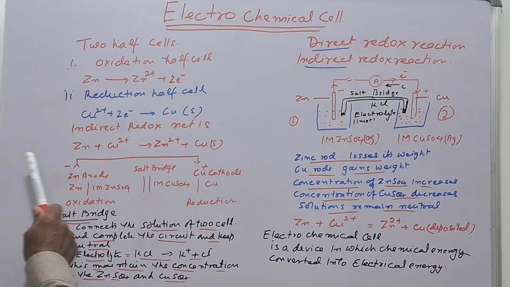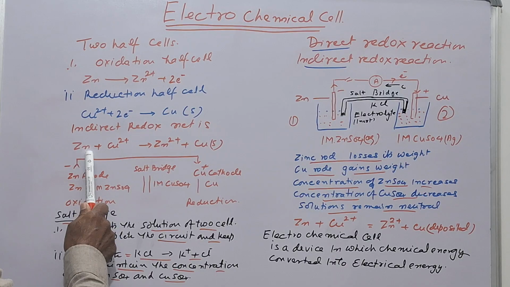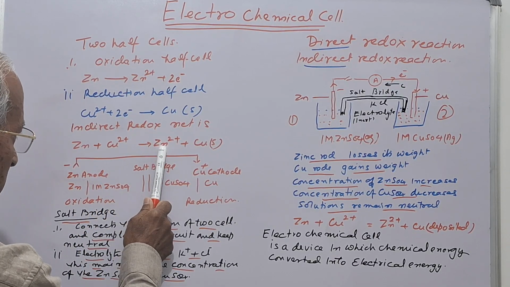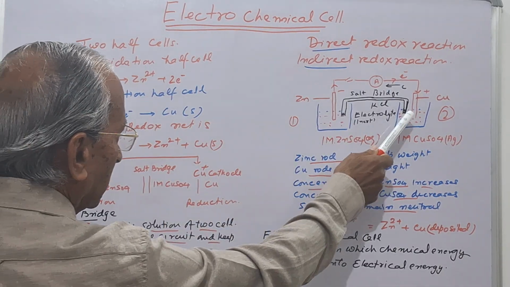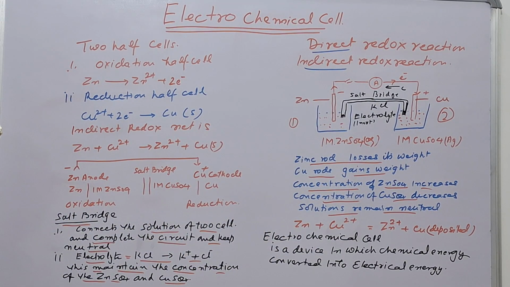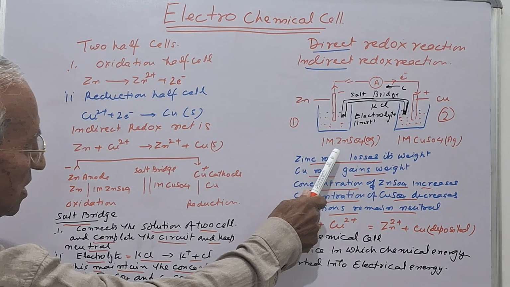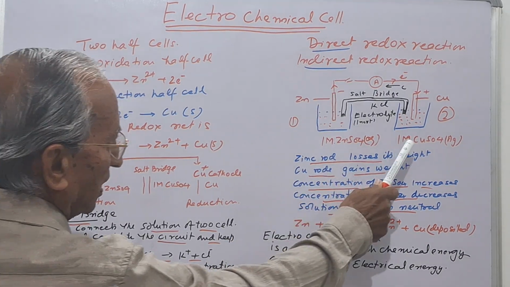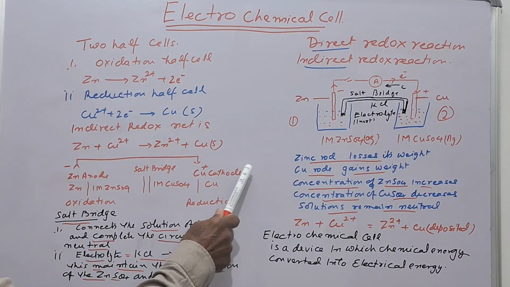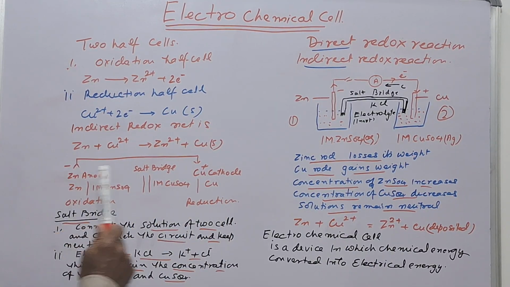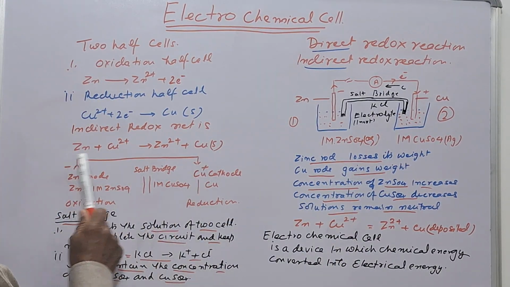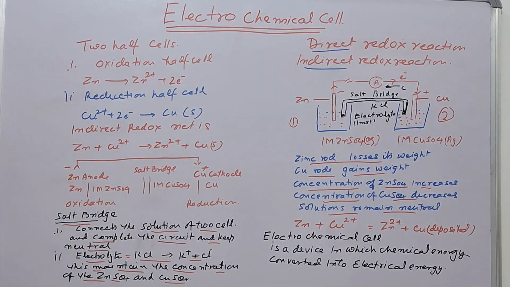And if we sum up this reaction, zinc gives electron to the copper and zinc ions are formed, and the copper deposits on the cathode. Now we see this is the oxidation half cell and this is the reduction half cell. So zinc is the anode, copper is the cathode, and in between is a salt bridge.